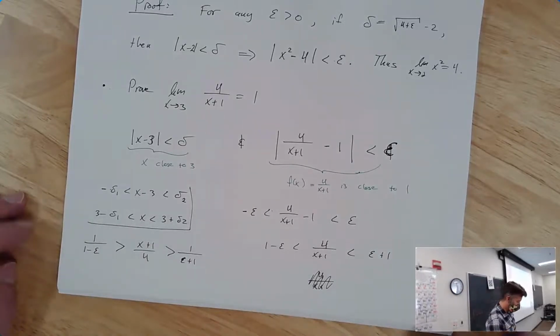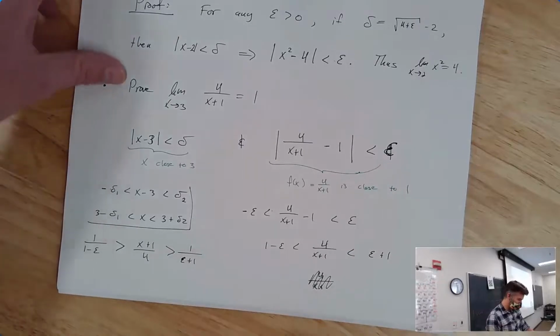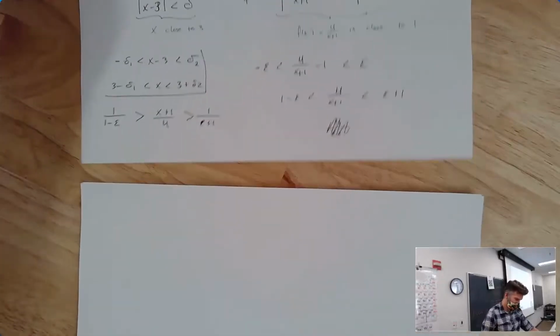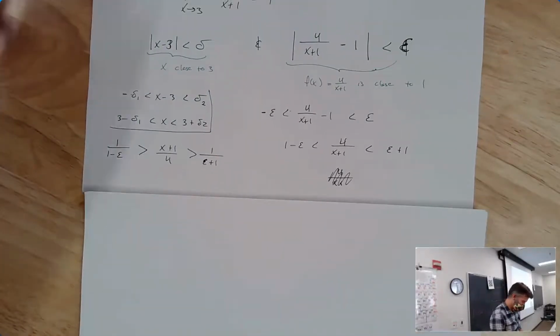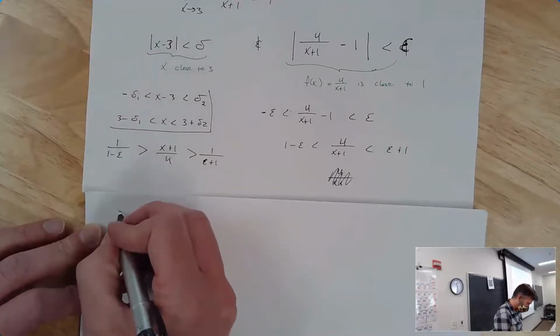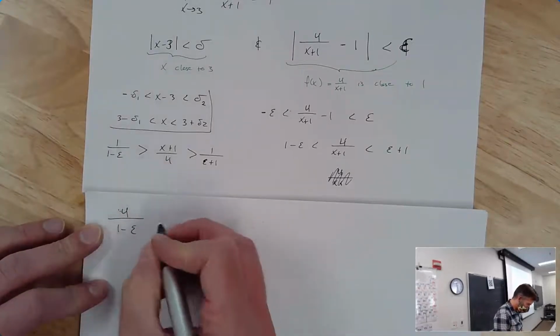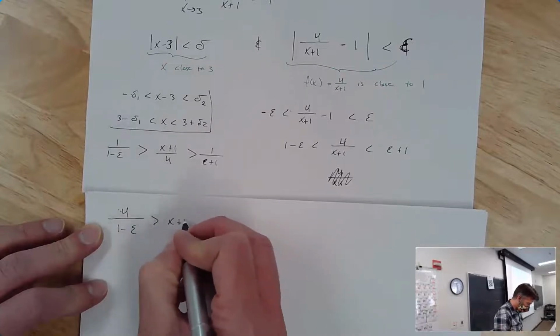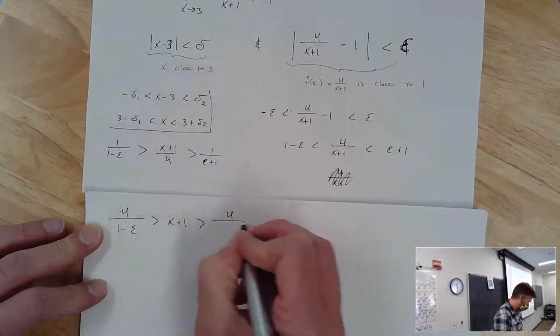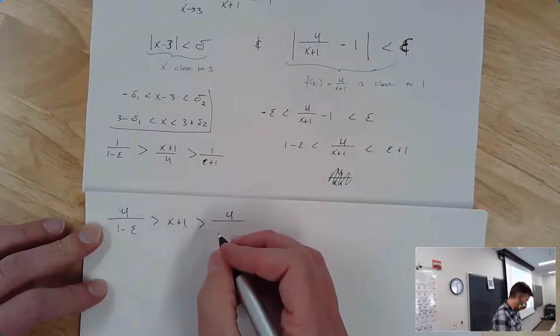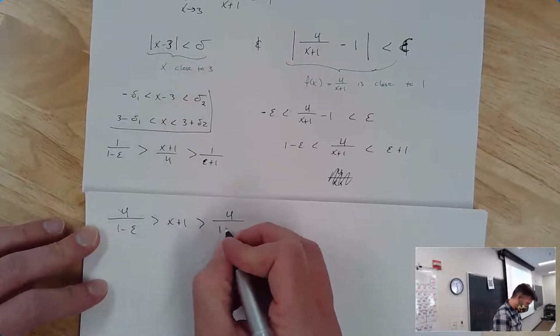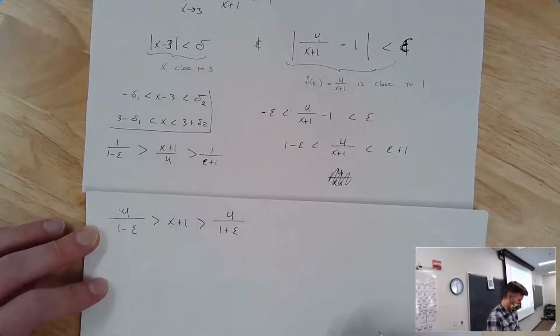And then we need to isolate x. I'm going to multiply everything by 4. So I'm going to have 4 over 1 minus epsilon bigger than x plus 1 bigger than 4 over 1 plus epsilon in the bottom. And then finally, I'm going to subtract 1 from every side.